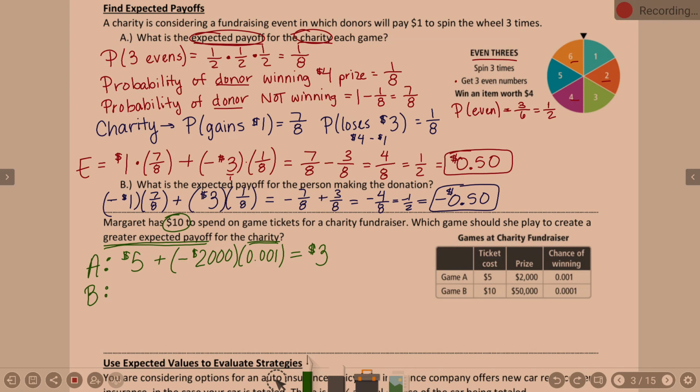What about game B? They're bringing in $10. And then what else do we have to consider? Plus the negative 50,000. They could lose 50,000, so that's going to be a negative 50,000.